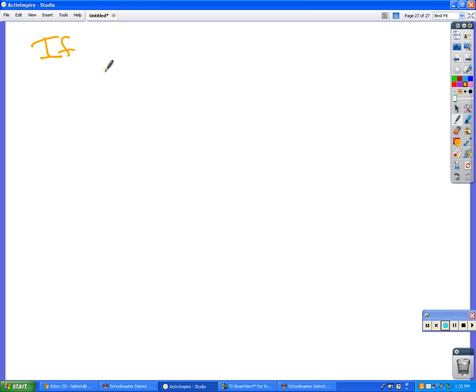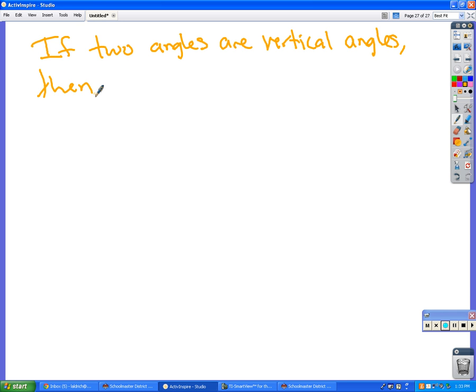So when we write this conjecture down, if 2 angles are vertical angles, then what's true about them? Well, we knew that already. Exactly the same. Then they're, and how do we say they're exactly the same in math talk?